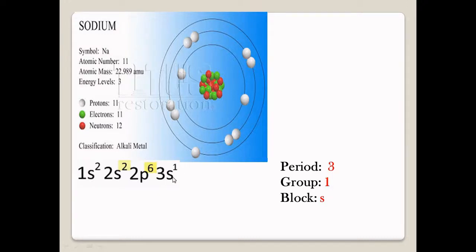This s indicates the s block, and this 1 indicates it is a group one, first group element, means this is an alkali metal, which has 3 energy levels, means it is period number 3. Are you getting this?